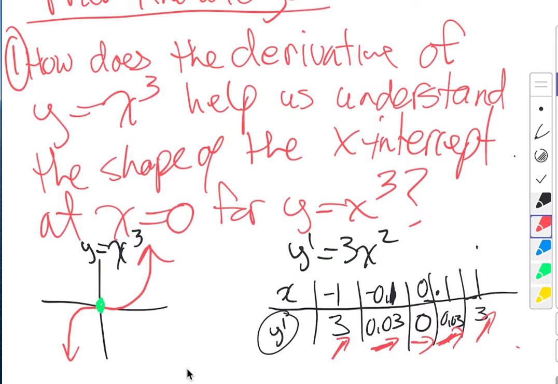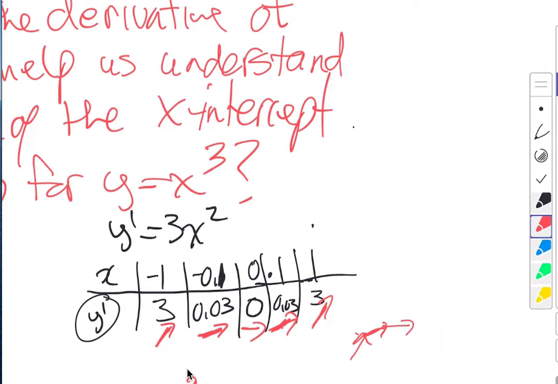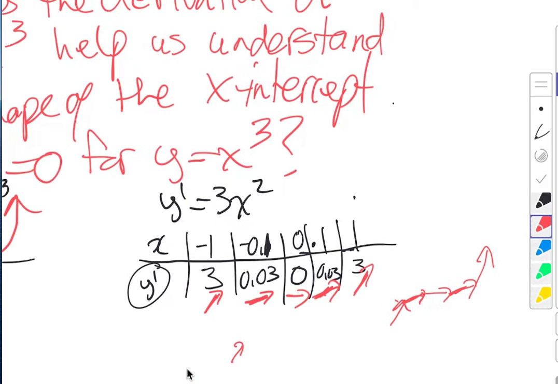So if we look at that, it looks like this. It goes like so, then it goes less, then it goes horizontal, then it goes 0.03 positive again in terms of slope, and then it goes like that. Is that the shape of the curve for y equals x cubed?